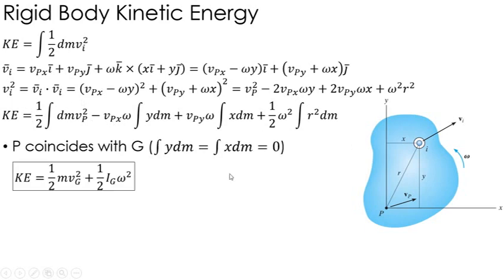Now, the middle two terms: if P coincides with G, that is, if we do all of this for the center of gravity rather than some arbitrary point P, these middle two terms actually go to 0 because they're basically the definition of the centroid. So if I set the centroid equal to point P, those both go away, and all I'm left with is 1/2 m v squared of the center of gravity plus 1/2, and then this integral right here, r squared dm, is I.